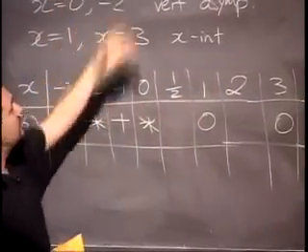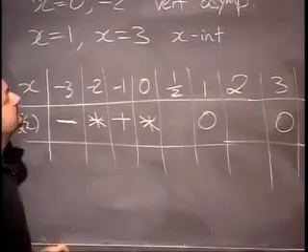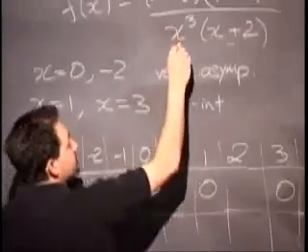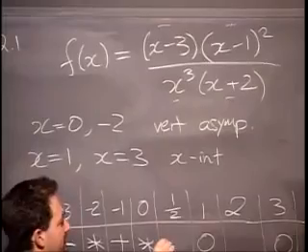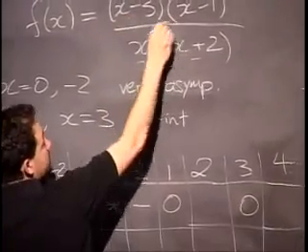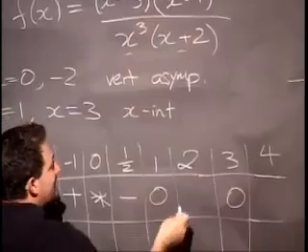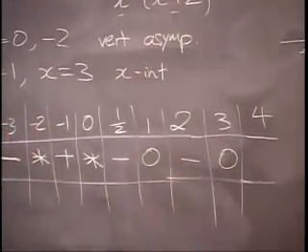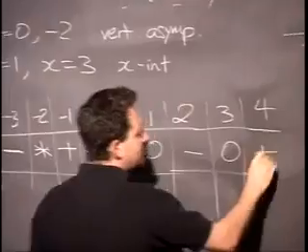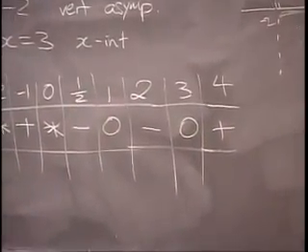You just need to look at whether each factor is positive or negative. So, for 1/2, I get negative, positive, positive, so the thing will be negative. At 2, I get negative, positive, positive, positive. Again, it's negative there. At 4, however, everything is positive, and so there's my table of signs.